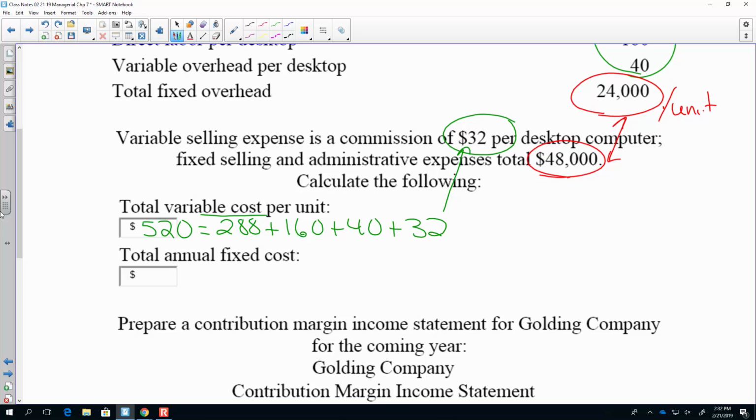So if it's per unit and it asks for total fixed cost, we might have to multiply this by the number of units produced. Right? That's how we get that manufacturing one, is by the units produced. So we add those two, it's going to be 72,000. Look good?